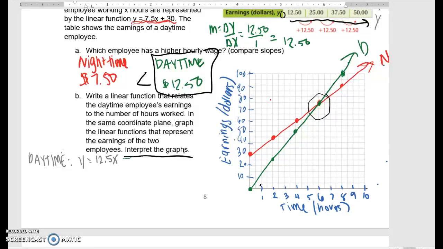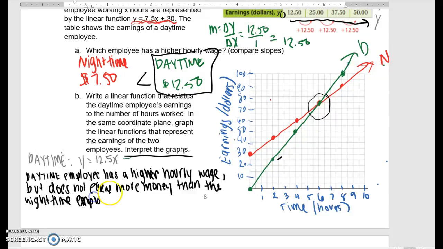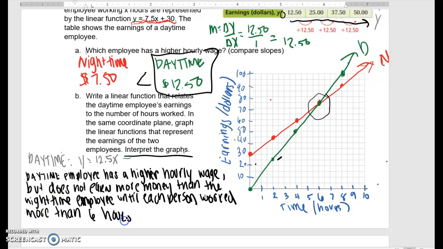So I'm going to say that the daytime employee has a higher hourly wage, and yes, you need to write all this, but does not earn more money than the nighttime employee until each person worked more than 6 hours.